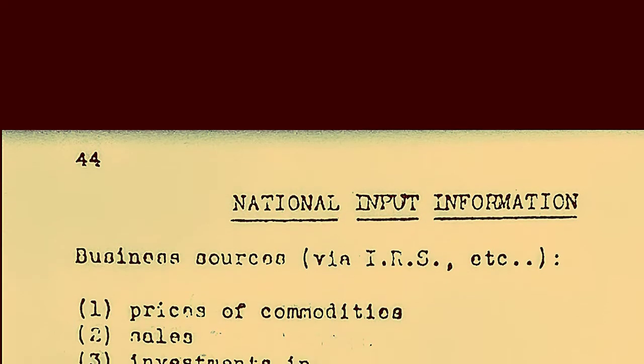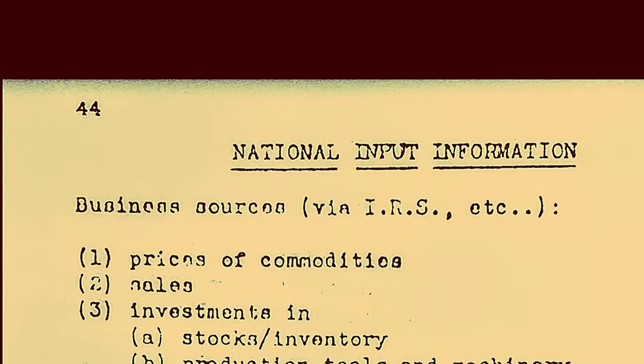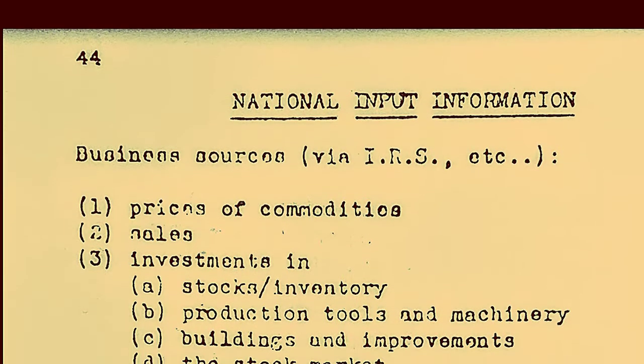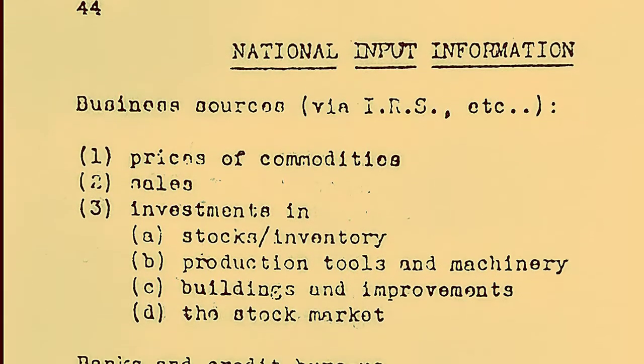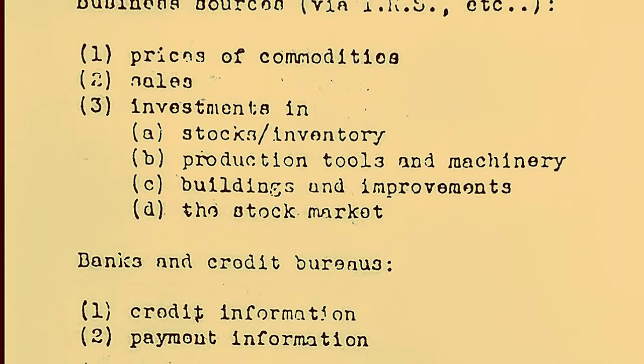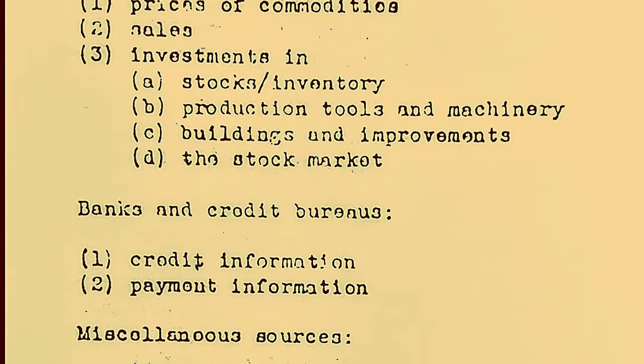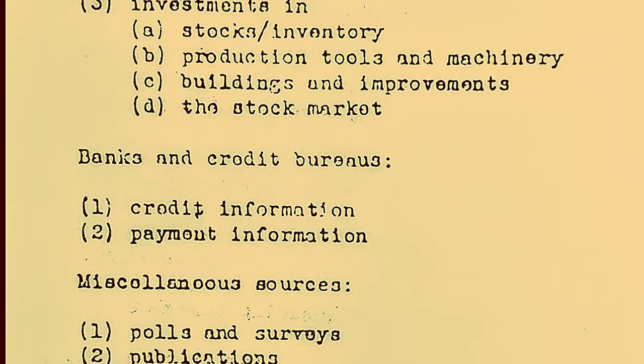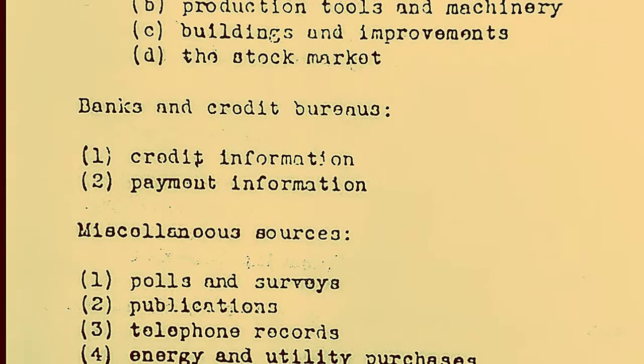National input information, business sources via IRS, etc. Prices of commodities, sales, investments in stocks, inventory, production tools and machinery, buildings and improvements, the stock market, banks and credit bureaus, credit information, payment information, miscellaneous sources, polls and surveys, publications, telephone records, energy and utility purchases.